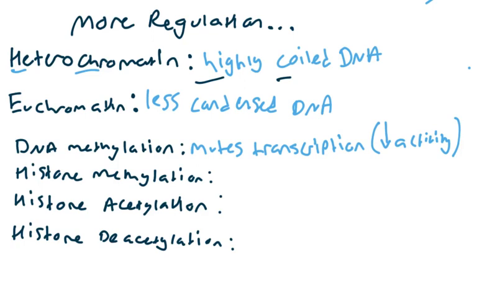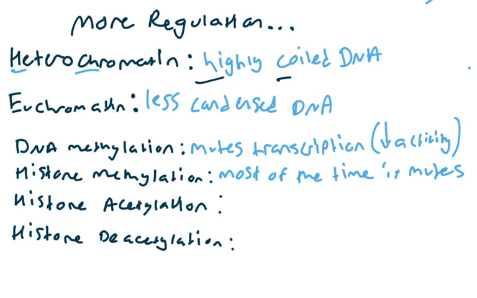Histone methylation is one of the weird ones, but most of the time it mutes. Okay, we can also methylate the histone, which is the protein that our DNA is wrapped around in heterochromatin, and it'll also silence and reduce the amount of transcription that's occurring.